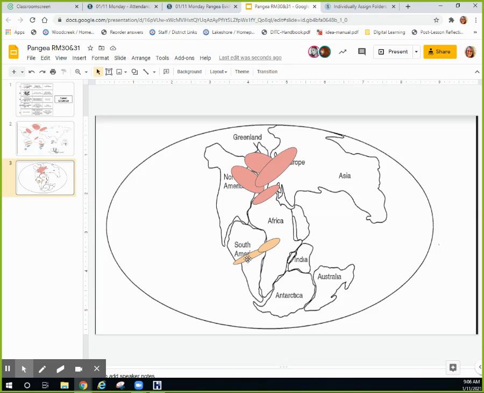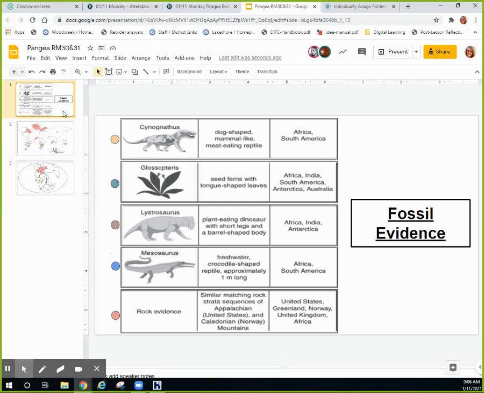You can see that there is a lot of overlap in where they found those 2 species, and the fact that South America and Africa fit very puzzle-like draws a lot of support for the theory of continental drift.